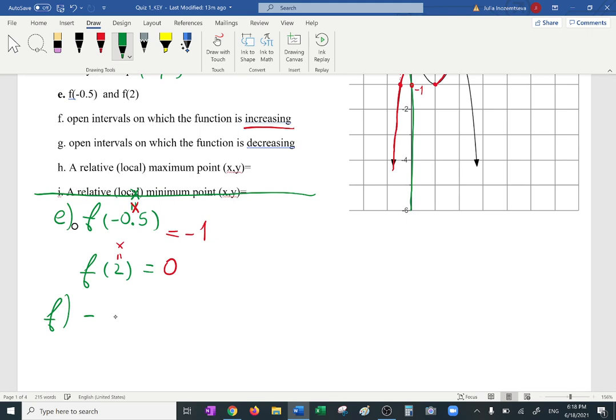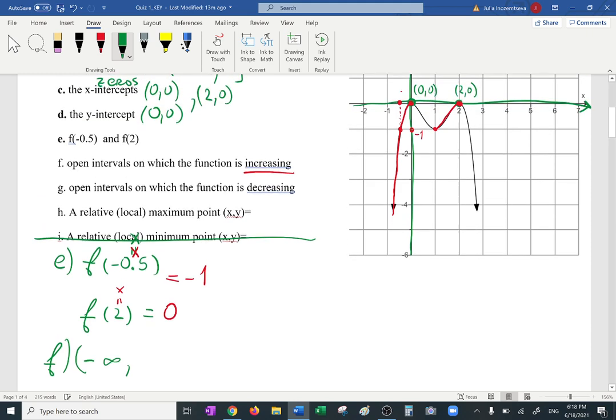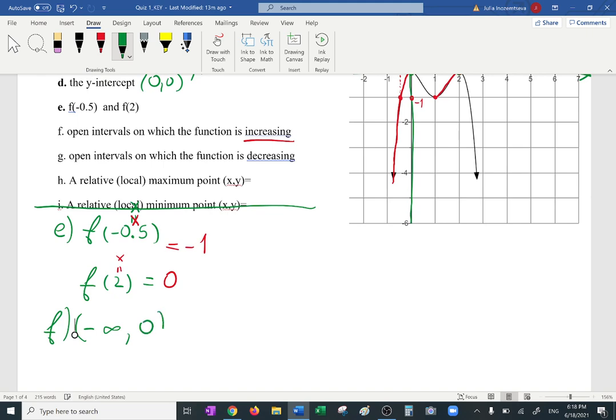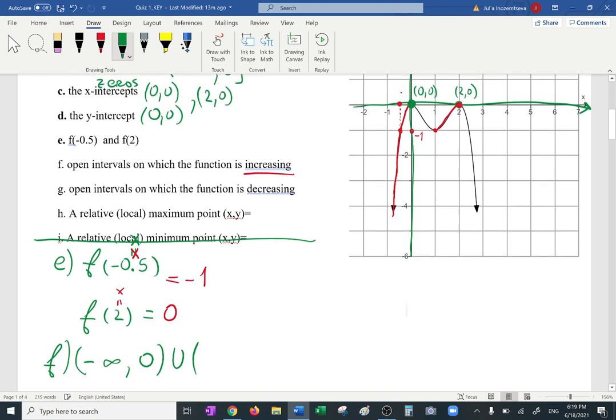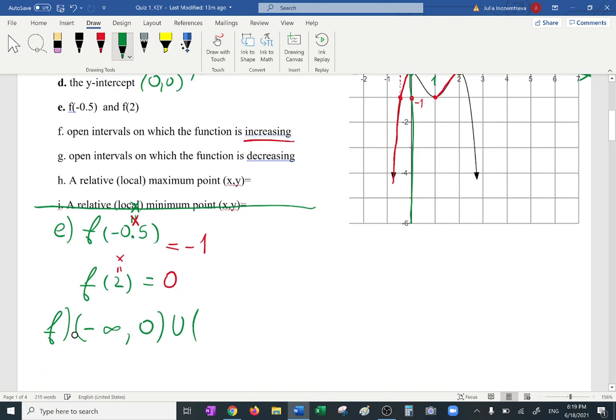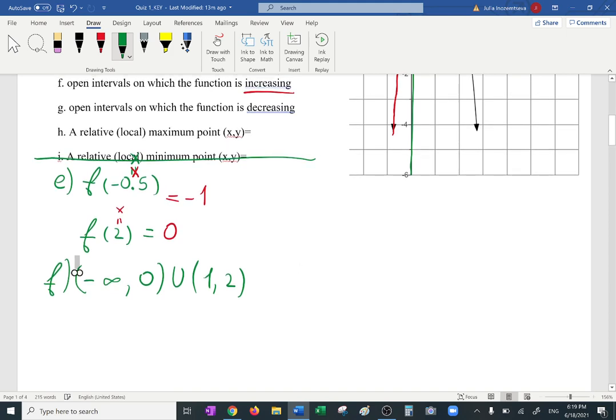It's increasing from minus infinity till that moment when I said it stopped. It did not stop, it actually reached a local maximum there. But it stopped at x equals 0. Remember, we're indicating x-values here. Then it was also increasing here from 1 to 2. Remember, we only use open intervals for these questions.